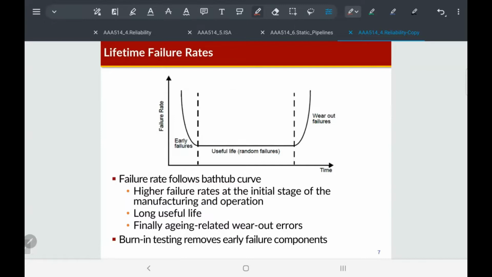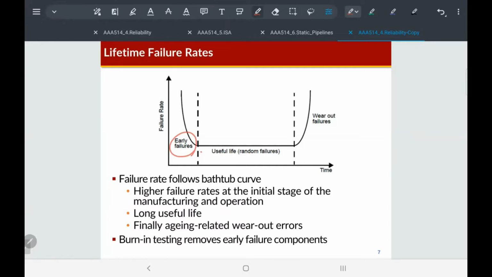And then when we talk about the reliability of a computer system, we frequently use this plot. It looks like a boat, so sometimes it is called the bathtub plot. It's shaped like this. We can encounter a higher failure rate early on, and these failures are called early failures. These failures occur during manufacturing.